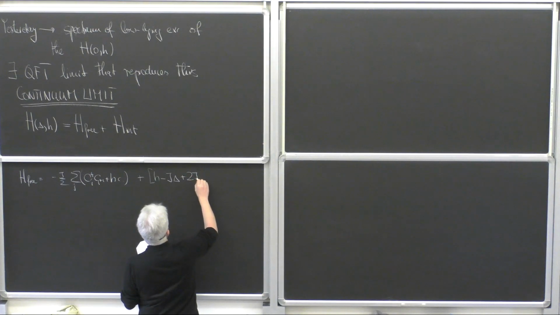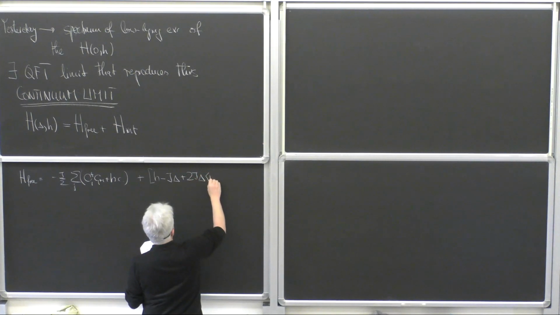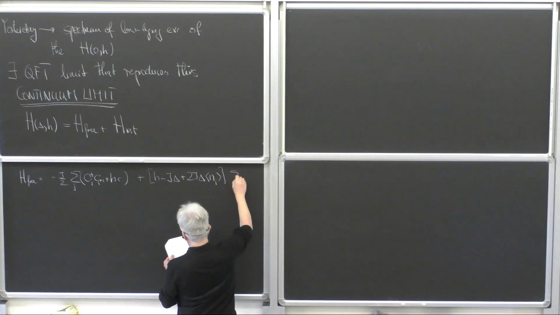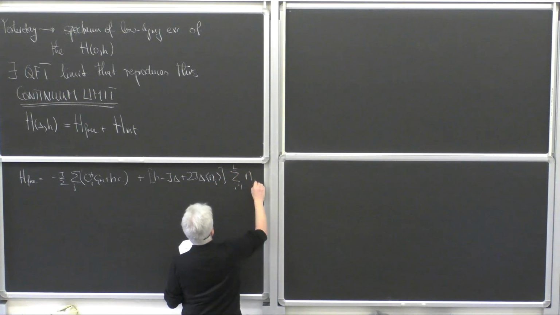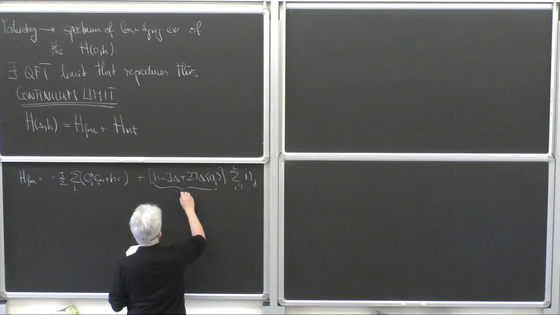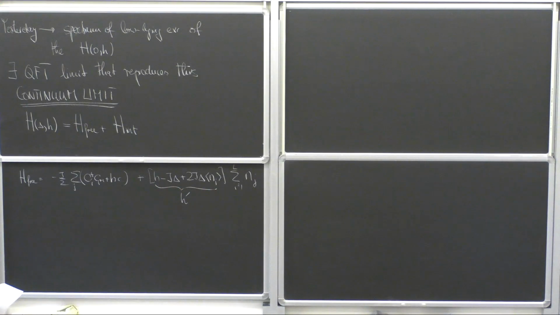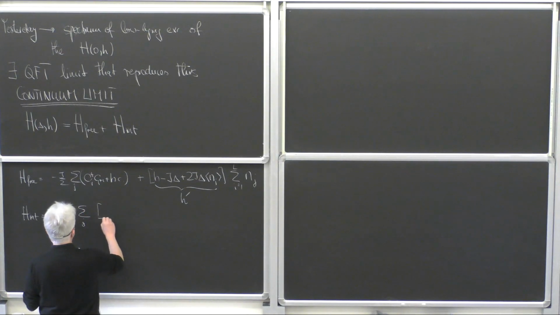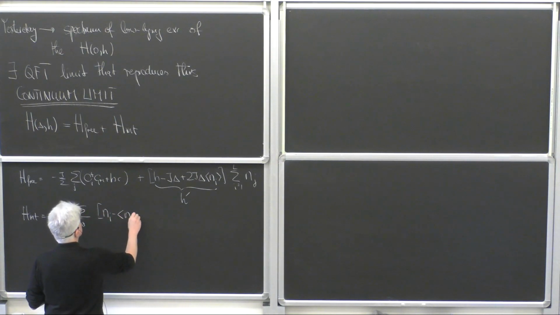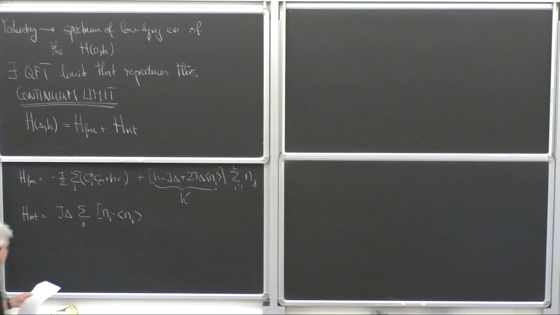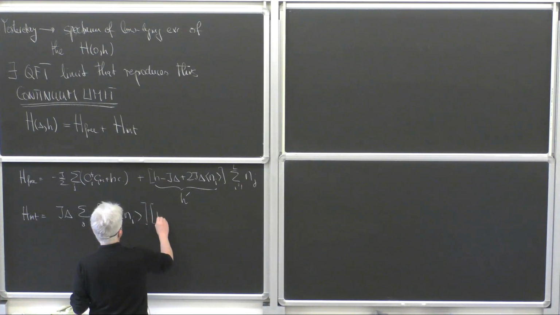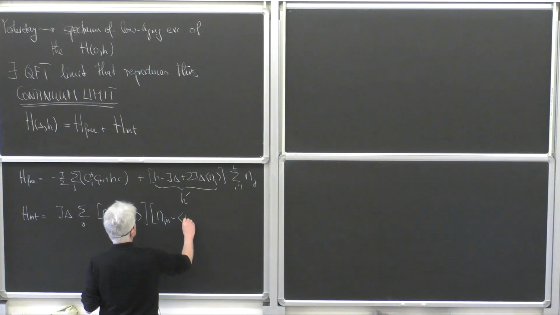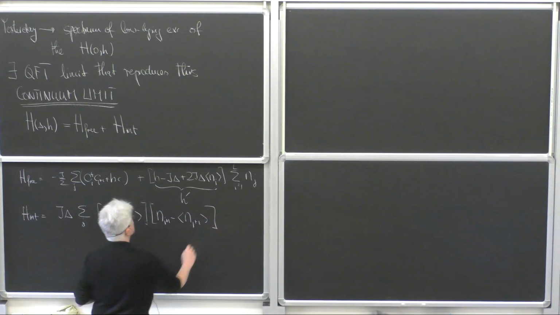Plus 2J delta n j, and so this I call H prime, and the interactions then I rewrite like so. n j minus the ground state average of n j, times n j plus 1 minus the ground state average of n j plus 1.